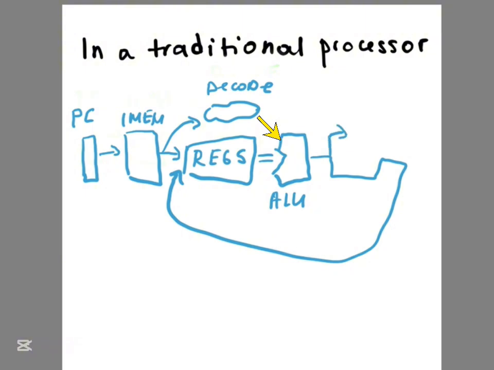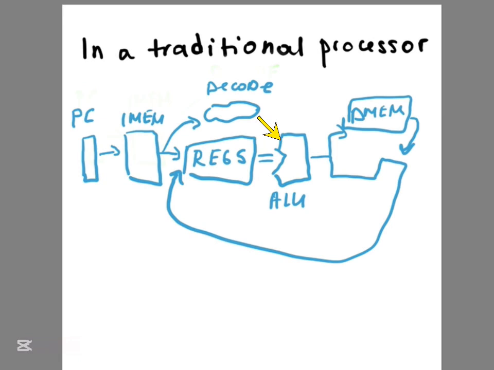Or we could have a load or a store instruction. In that case, what the ALU has computed is actually the address that we use to access our data memory, and what comes out of the data memory is what we use to write in our registers.